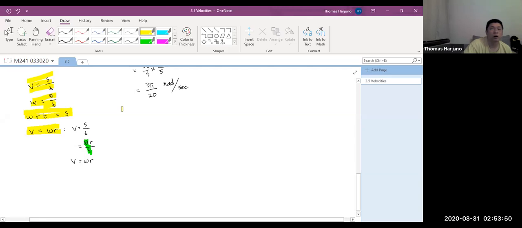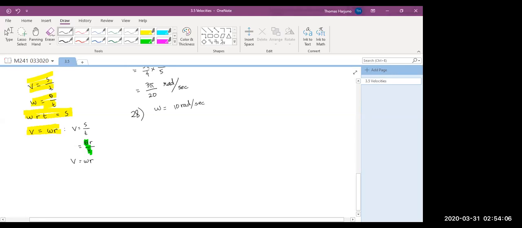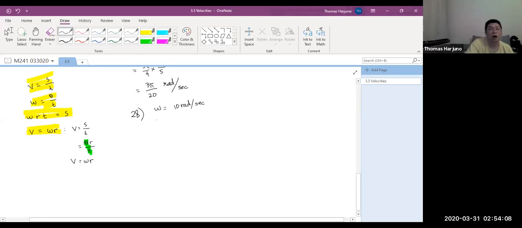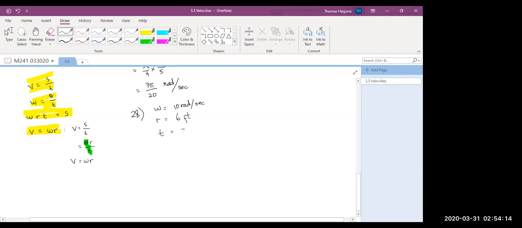Let's do another one, or you do it. Let me ask you to try number 28. Number 28, omega equals 10 radian per second. The r is 6 feet, yet the time is 2 minutes.